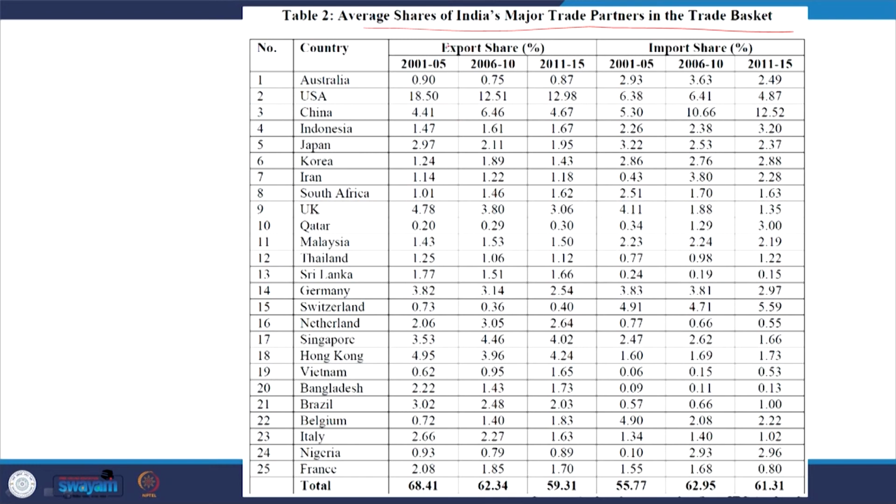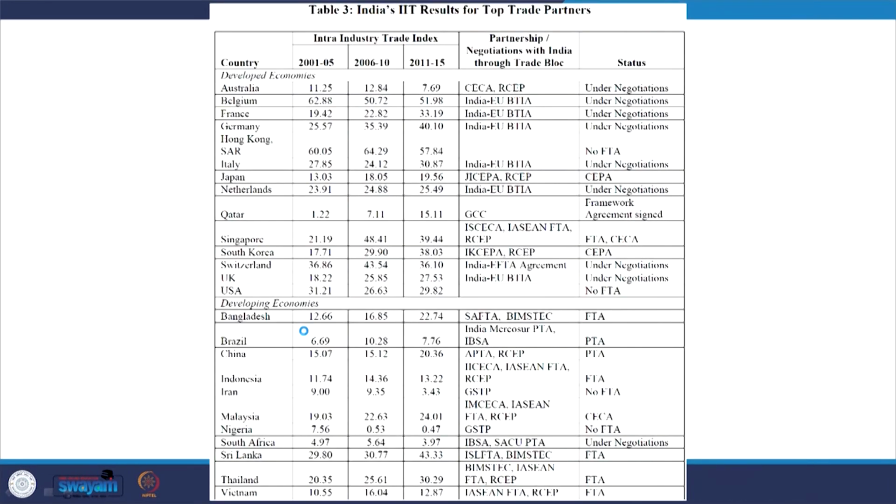So, here exports and imports from 2001 to 2005, 2006 to 2010, 2011 to 2015 are presented with different countries, and what is their export share and import share, especially India's content from other countries, are presented. Accordingly we find different values, and it is useful for better interpretation.